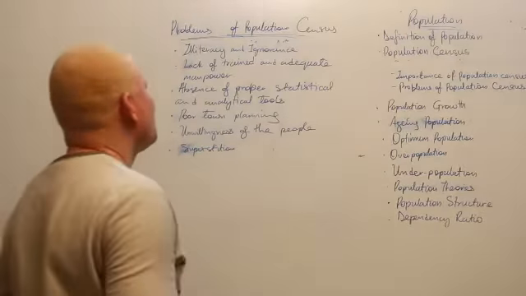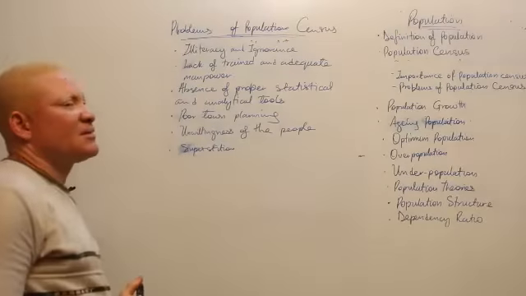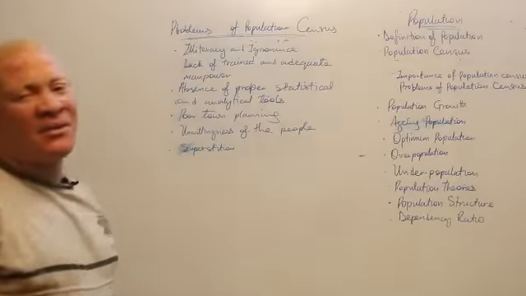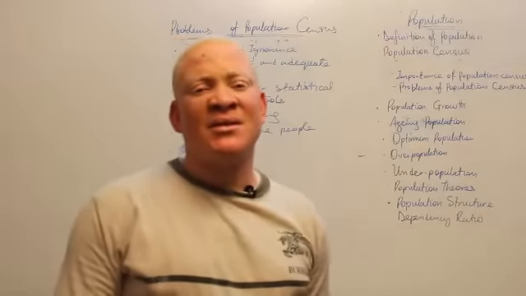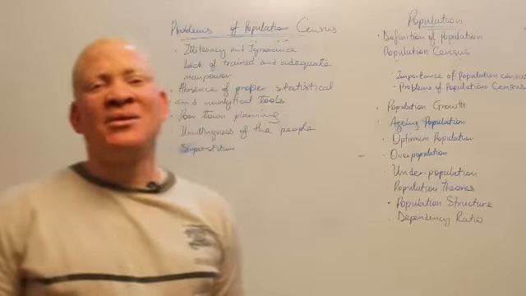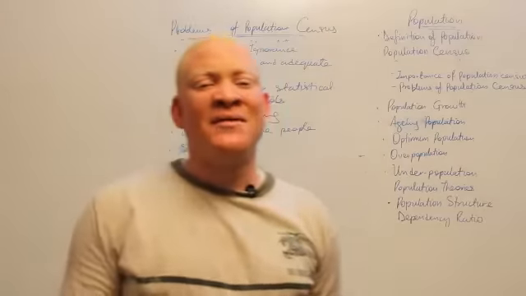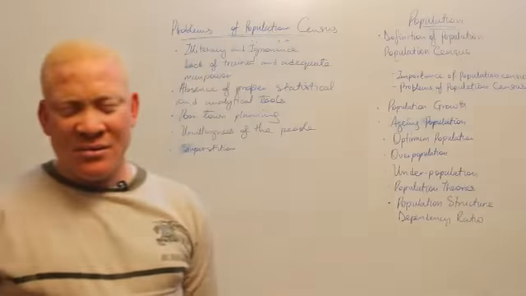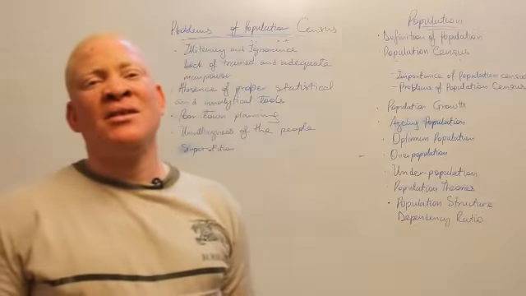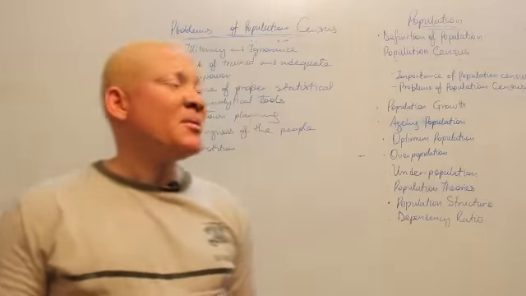When we look at these, the first one is illiteracy and ignorance. A lot of people do not believe they have to be enumerated or counted among other people just because they do not know the benefits that accrue to a country when it knows the number of people in the population.